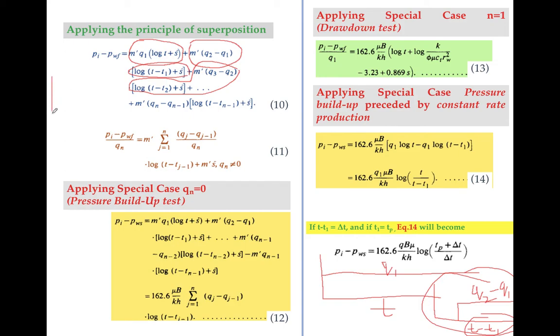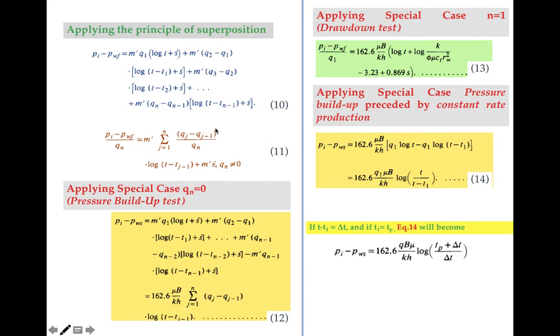In the third case, we have q3 at time t2. Now t2 is from here to here, so the elapsed time is t minus t2. This is the elapsed time for the next production, so this is q3 minus q2. In this way the series will go on.